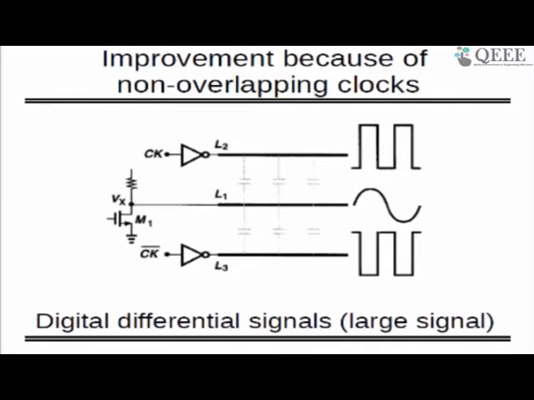Now this is also another technique, if you want to improve: let's have non-overlapping clocks, meaning on one side the clock is 0 to 1 and on the other side it's 1 to 0, and in between there is a line going.